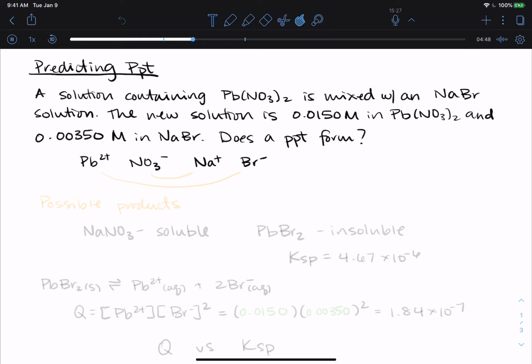We have to use the solubility rules to determine if we could possibly start with a solid product. So we have all of these ions in solution. If sodium and bromide get back together, that's a soluble salt, so it doesn't count. So we should just do everything by swapping the partners and checking. So this will give us our possible products.